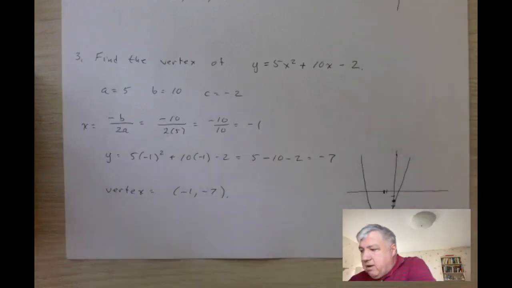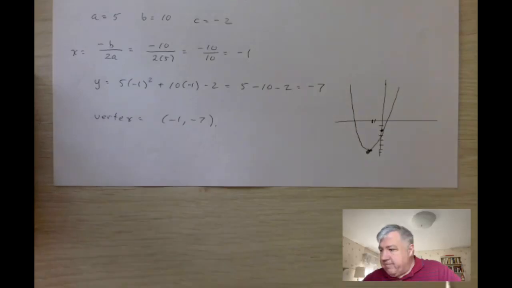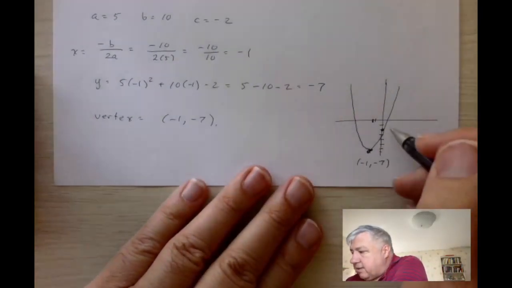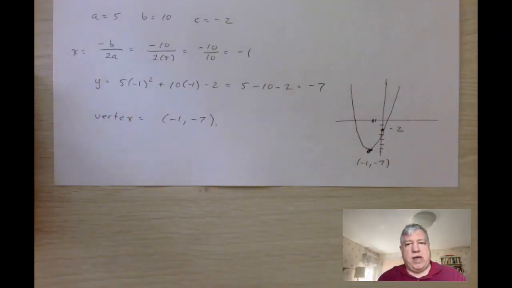And right now, the x-intercepts are not very easy to find in this example. But we can do it. We have a way of finding that a little later in another lesson.